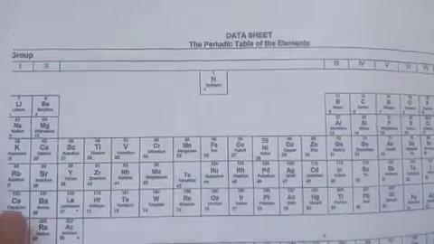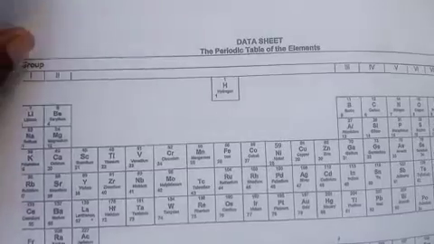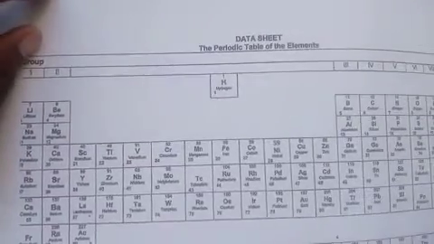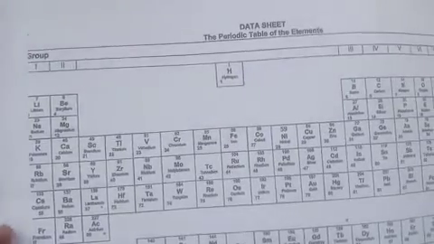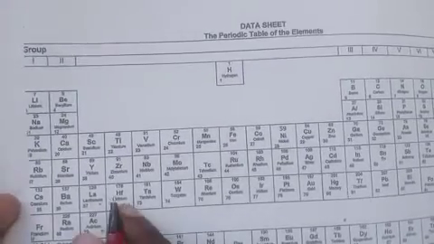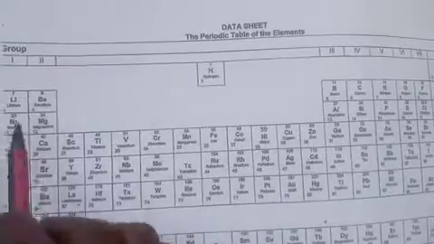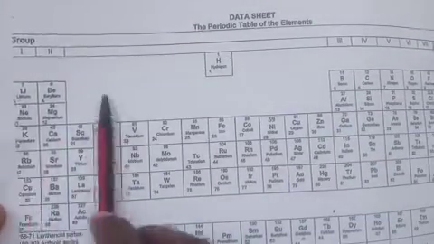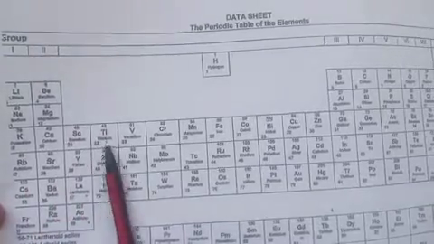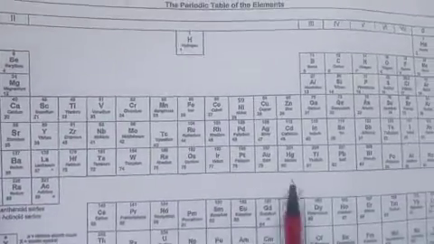When you look at your periodic table clearly, you see that there are metals and non-metals. Where do the metals start? The metals start from this side, going this way. Even these ones are metals.